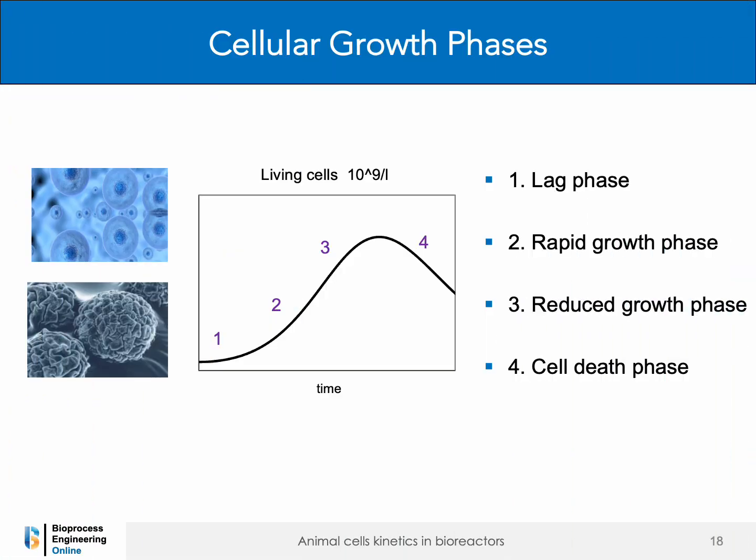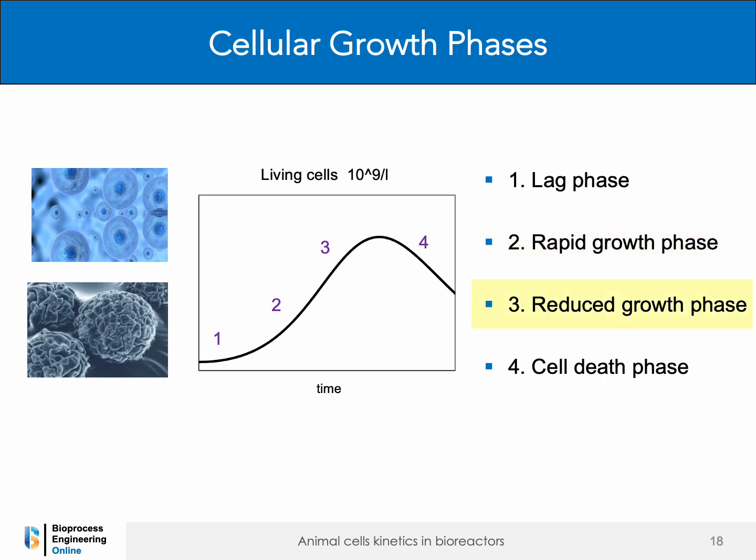Whether they grow in suspension or attached to a surface, animal cells generally follow the same sequence of growth phases in a bioreactor. The first stage is the lag phase, during which cells adapt to their new culture environment. Cell proliferation is still limited during this period. This is followed by the exponential growth phase, where cells divide rapidly and the cell concentration increases almost exponentially.